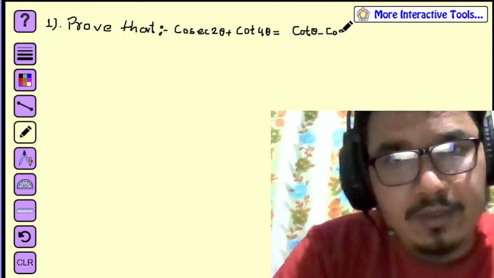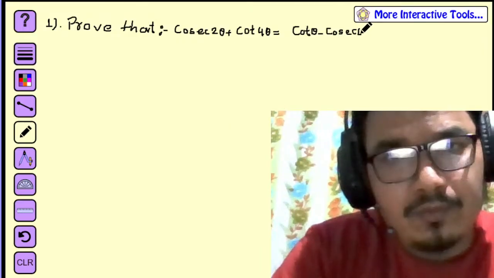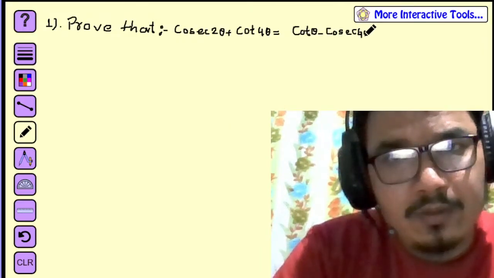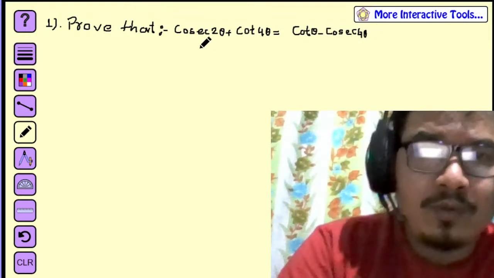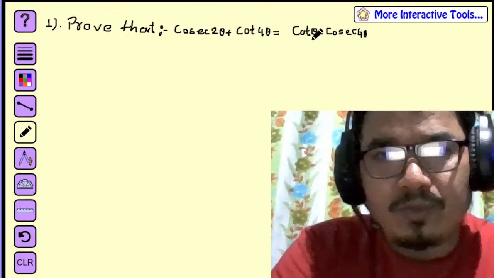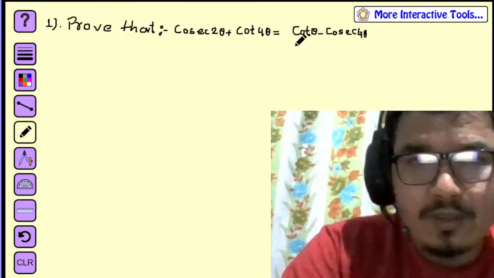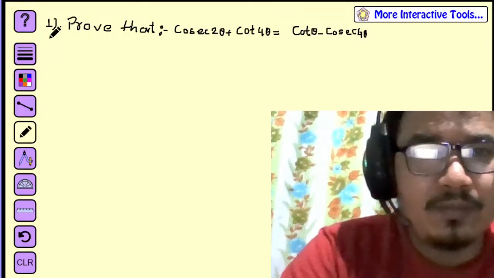Right here, cosec 4θ. Okay, it has been given here to prove by solving this left hand side. We have to prove this right hand side. Okay, now let's see how to solve this type of question.